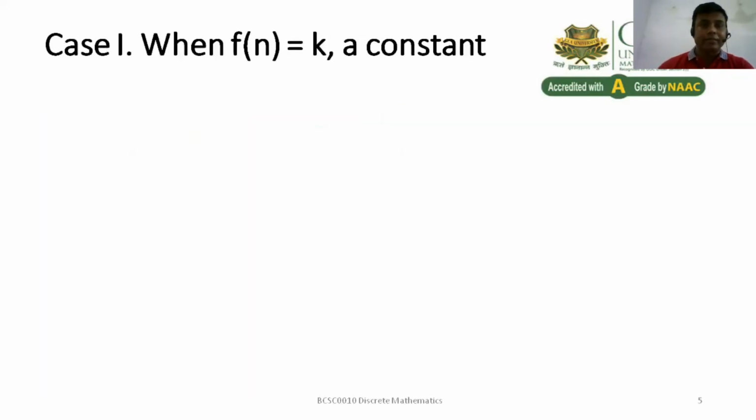Now let us take one example. Whenever we say that f_n is not equal to 0, there are various possibilities for the f_n function. Out of these, we are taking the first case, when f_n is a constant like k. That means the f_n part is not equal to 0, but it is a constant.